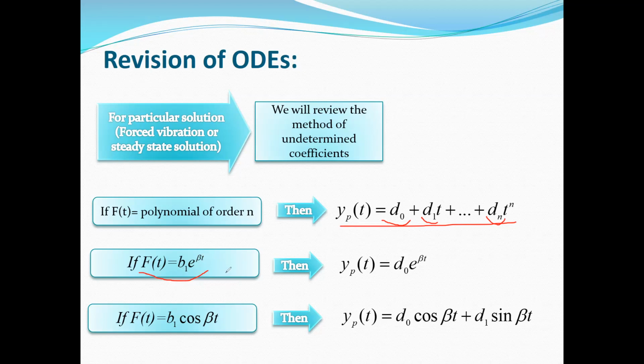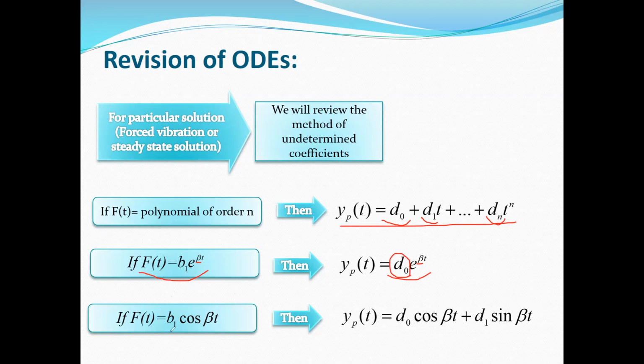So the particular solution is considered as d0 times exponential beta t, where beta is the same beta as in your non-homogeneous term, but d0 is the coefficient of your particular solution. And to obtain d0, again, we need to plug into the main equation and solve for d0.